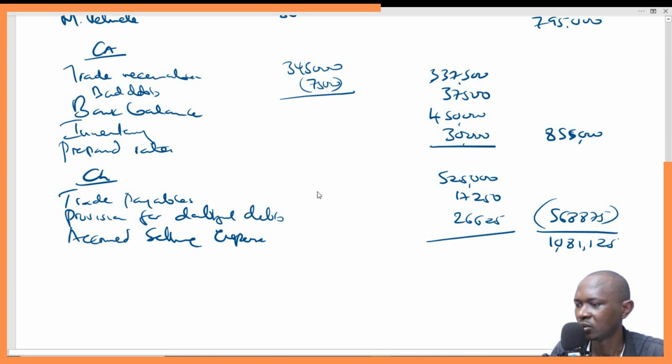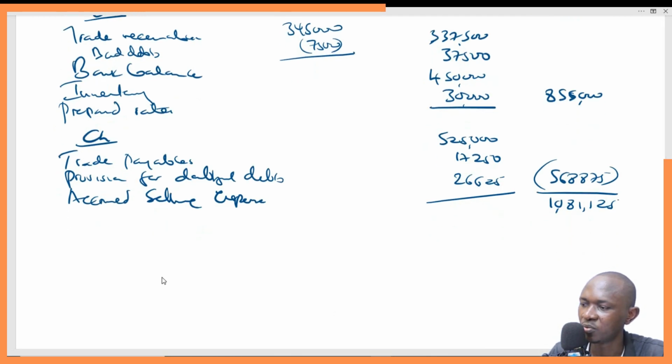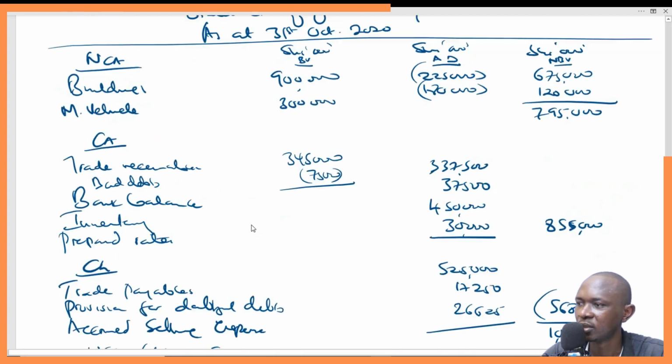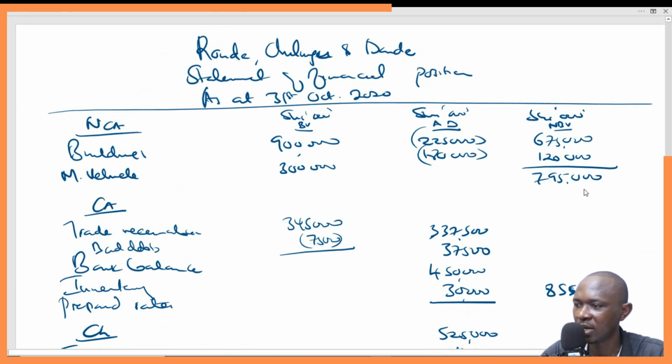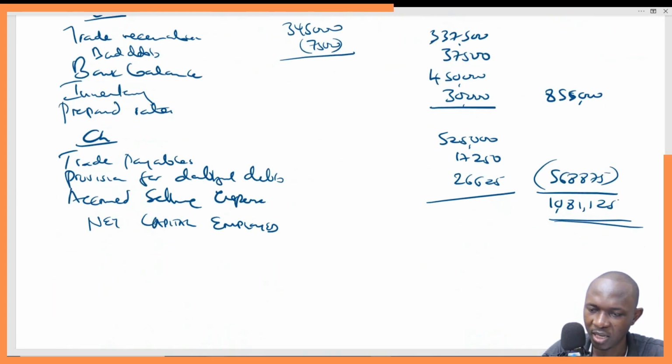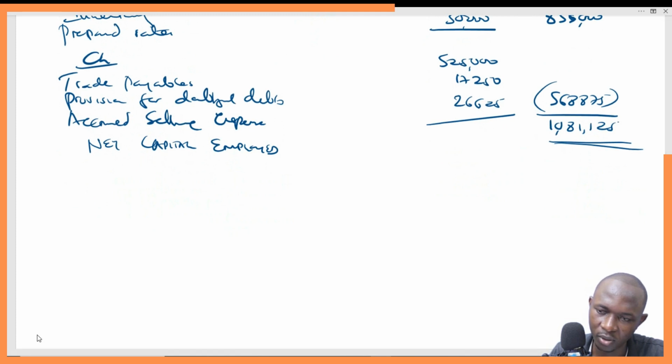So just get this 795,000 plus 855,000 minus 568,875. You'll get 1,081,125. This becomes our net capital employed. How have we gotten that? Total non-current assets plus current assets minus current liabilities gives net capital employed.